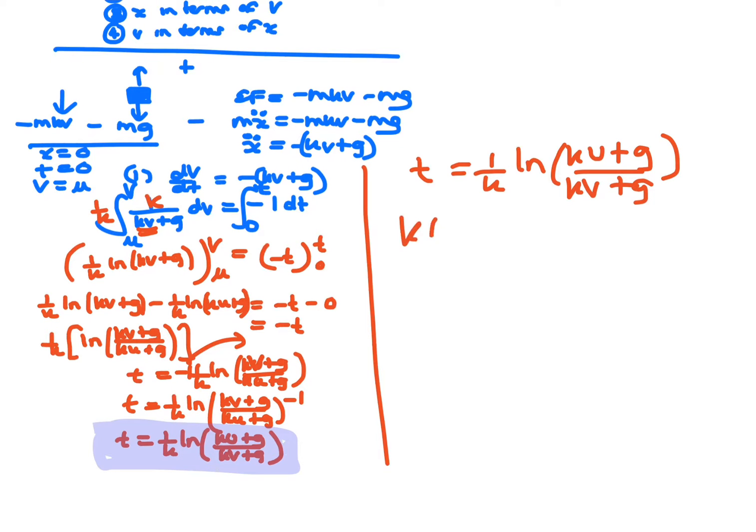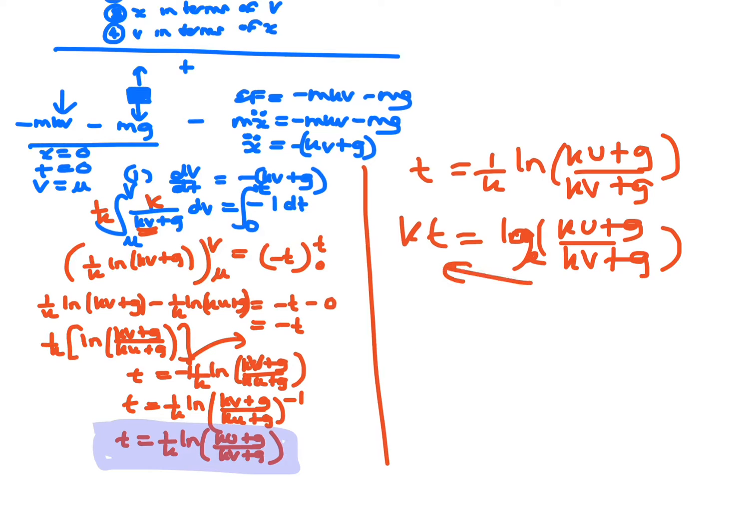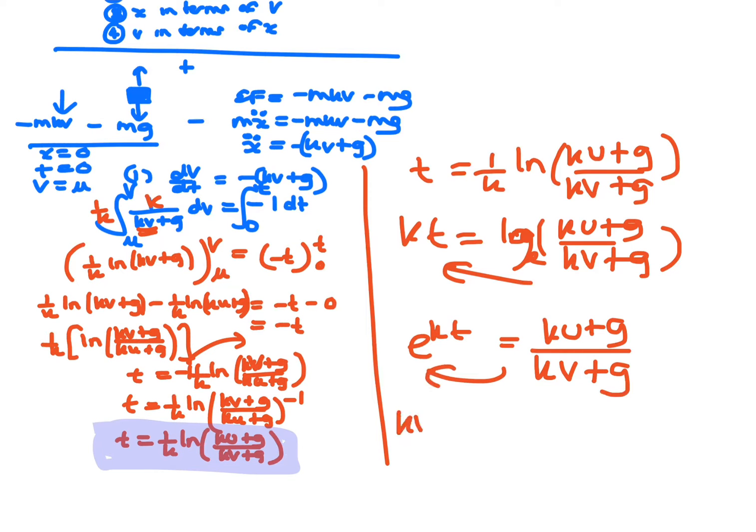So bring the k over, and you get kt equals ln of (ku plus g) over (kv plus g). So that's a log base e. So you go e to the kt equals (ku plus g) on (kv plus g). Now we're going to get v by itself, because it's (kv plus g) e to the kt equals ku plus g.